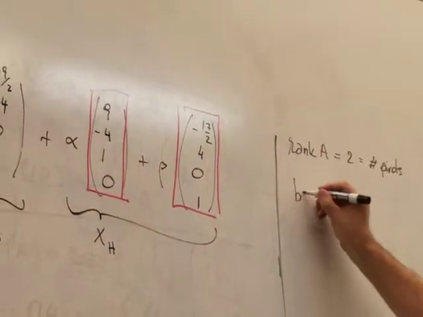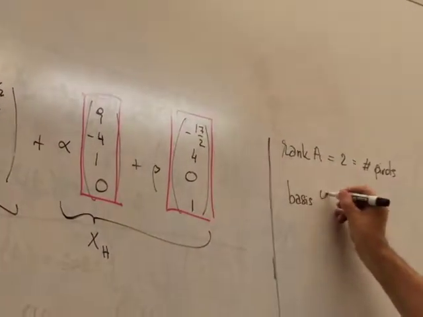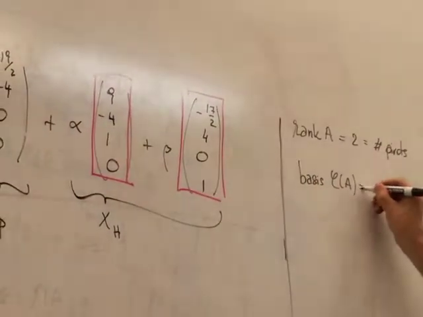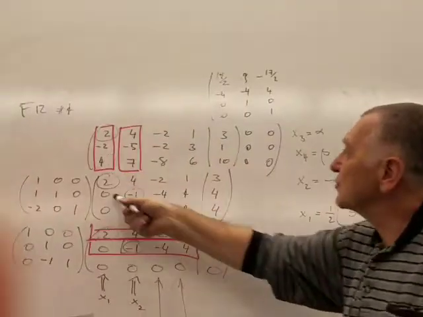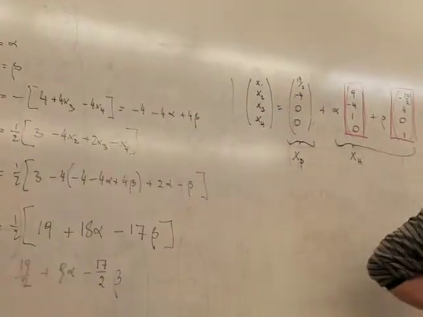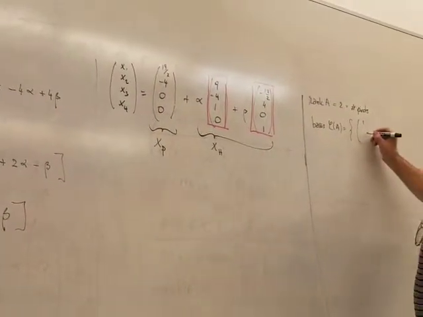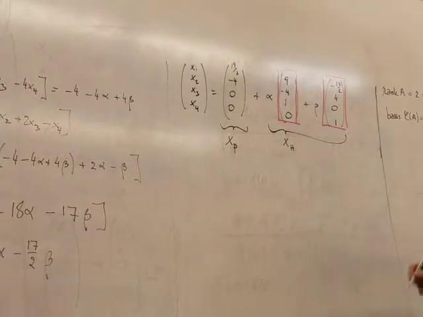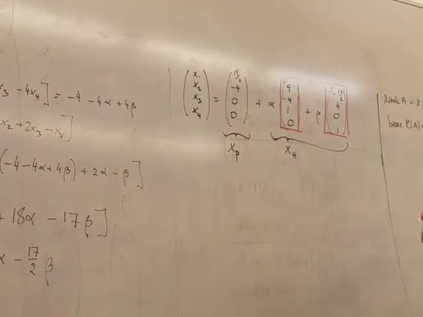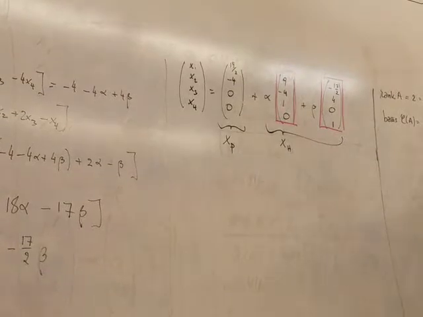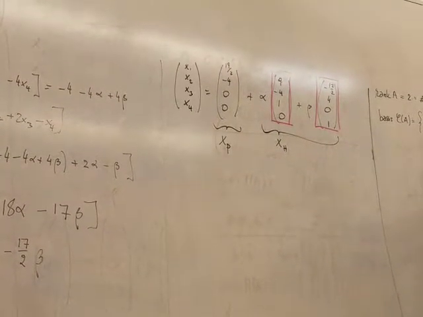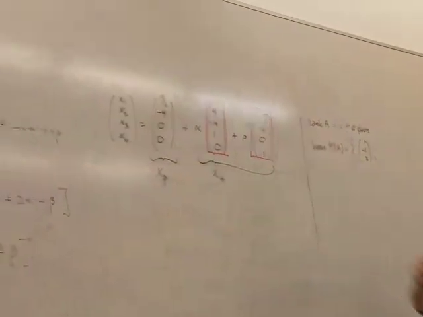The basis for the column space of A is the two vectors in the matrix A that have pivots in them, 2, minus 2, 4. So I could scale them, right? 1, minus 1, 2. Just scale out the factor of 2 from that basis vector, it's still a vector in the same direction.